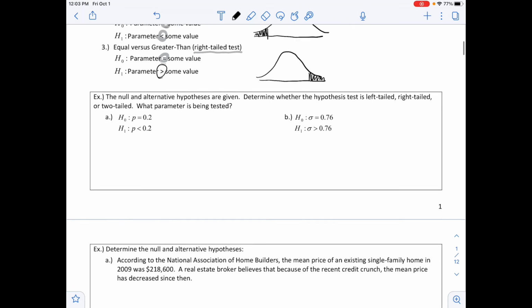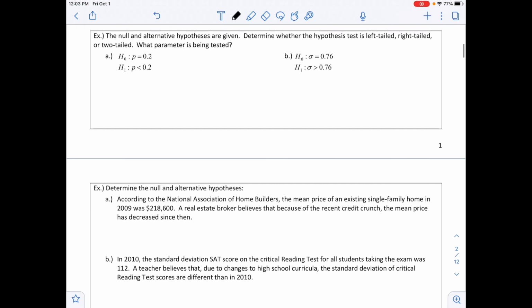So right below this we have an example that says the null and alternative hypotheses are given. Determine whether the hypothesis test is left-tailed, right-tailed, or two-tailed, and then what parameter is being tested. Again, these parameters are going to be either P for proportions, mu for mean, sigma for standard deviation, or sigma squared for variance.